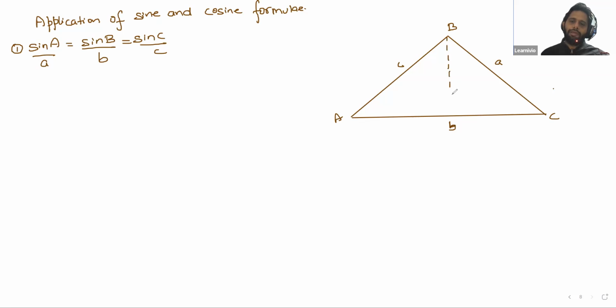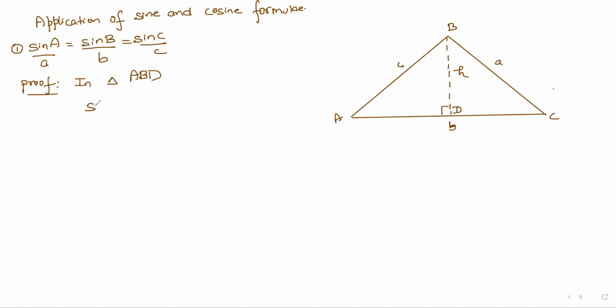Now we'll do the proof of this. We will draw a perpendicular from B here, like this. Let this be H, and let this be D. So sin A in triangle ABD: sin A is perpendicular by hypotenuse.